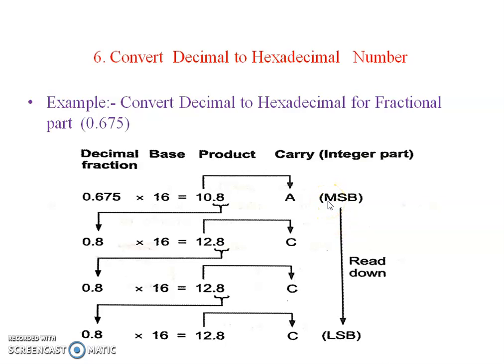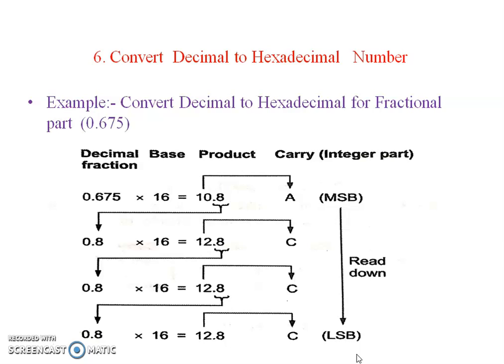Now the next step is to multiply the fractional part of the product obtained in step 2 and record the carry. Our last step is to repeat step 2 and step 3 until the fractional part of the product is 0, and the last carry is the LSB of the equivalent hexadecimal number.